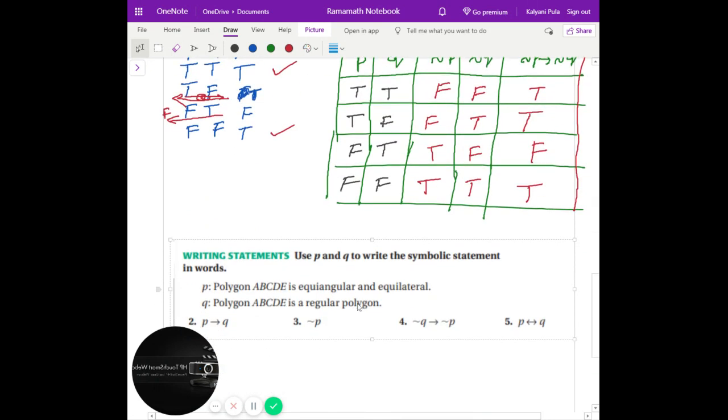This is normally an extension. It is not part of most syllabuses, and in schools most of the time the teacher doesn't teach this, but it's always good to know, because when you go to the test, you will see this type of question. Okay, that's what it is for the truth tables.